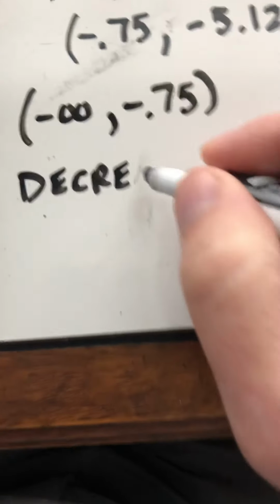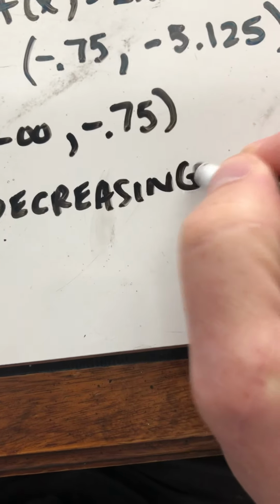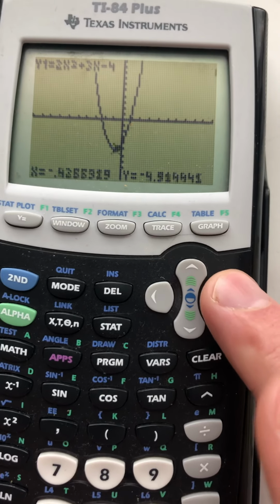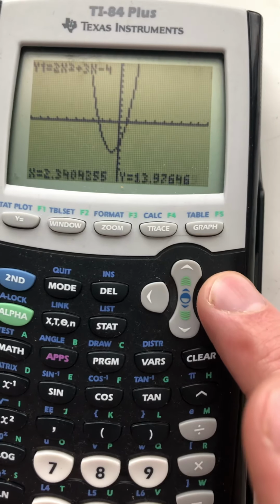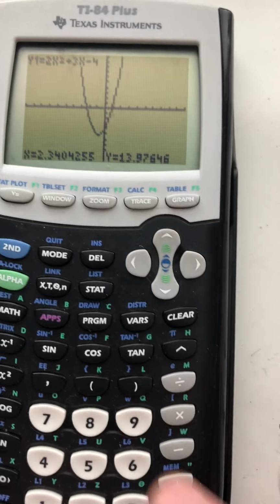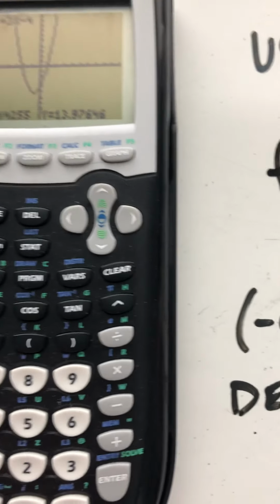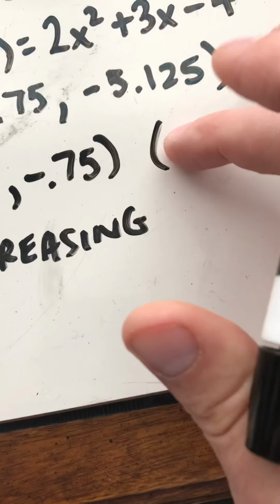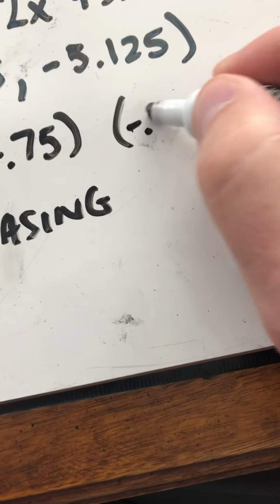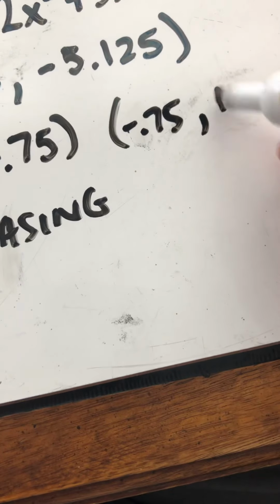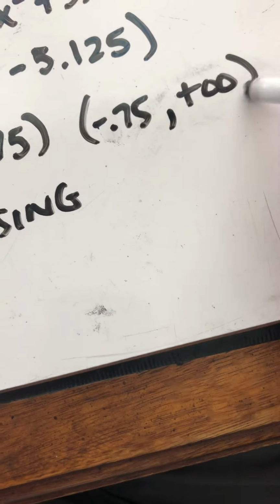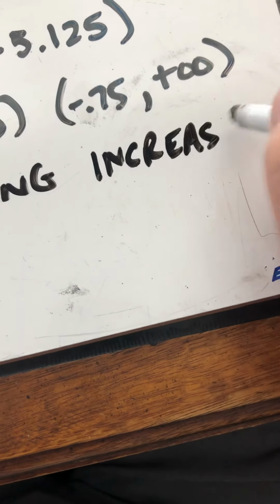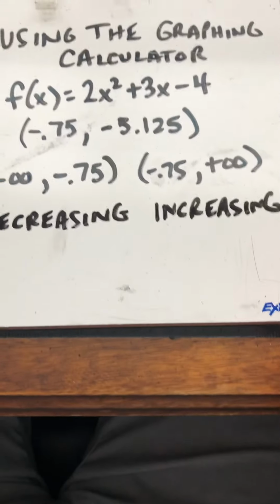Spell decreasing correctly. And then we know once we get to that point, it's going to start to go back up all the way to positive infinity. So from negative 0.75 all the way to positive infinity, that is going to be an increasing part of our function.